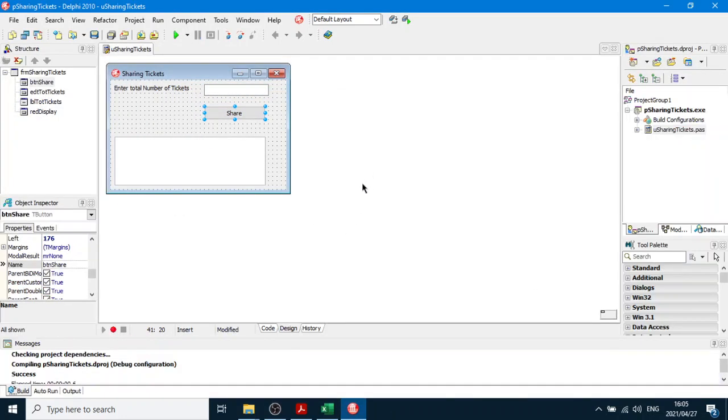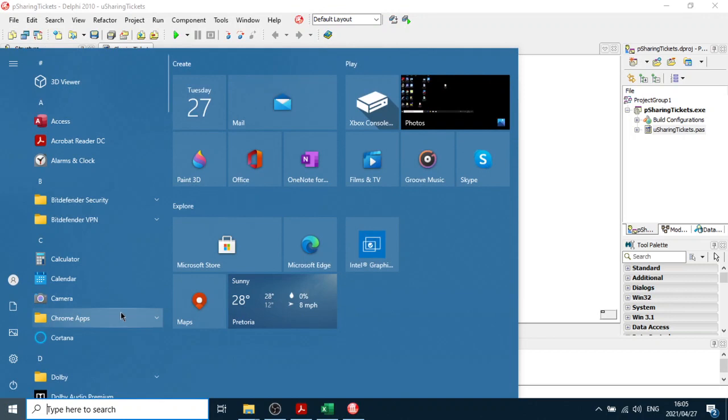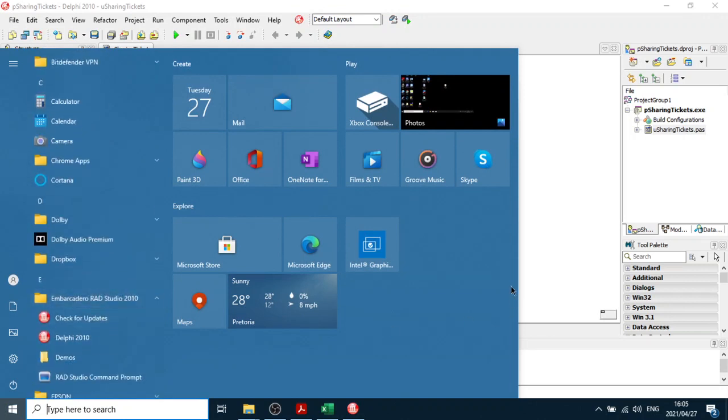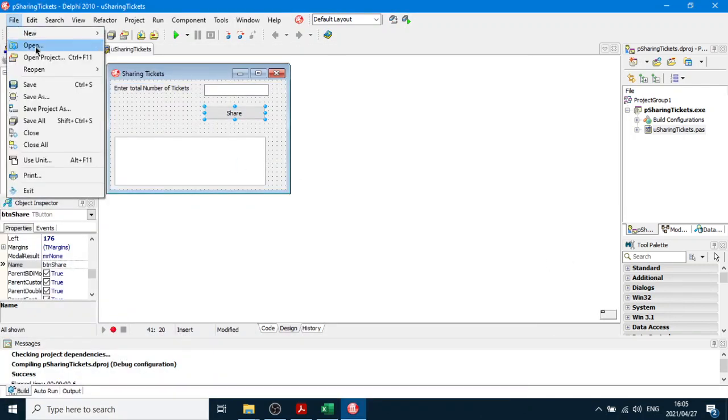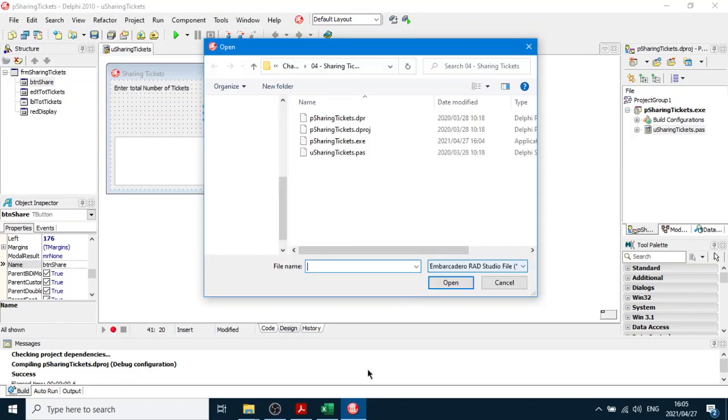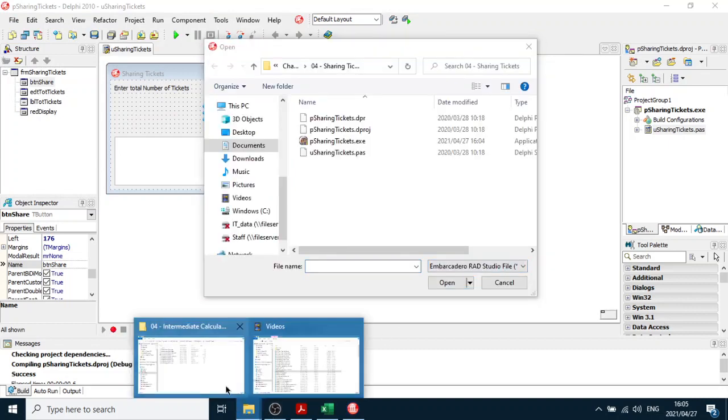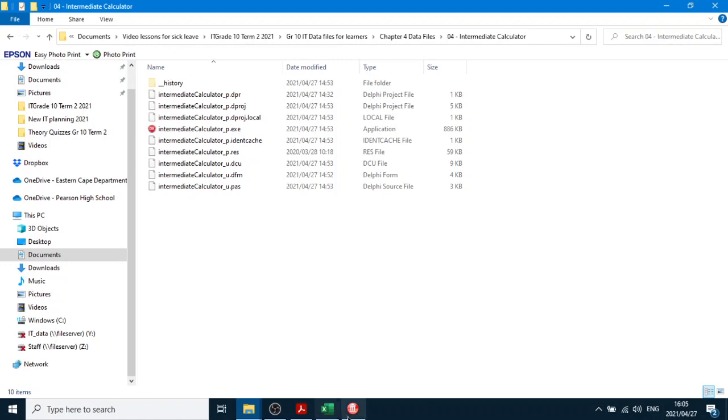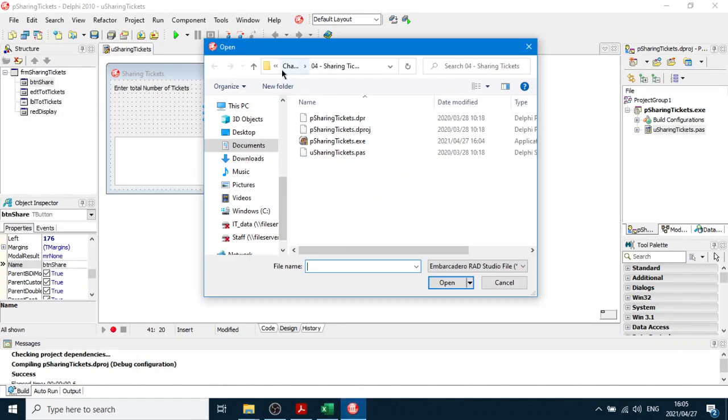Anyway, I'll tell you what I want to do. I'm going to look at the memo for this from the memo files. File open, if there are any. It's intermediate calculator. Oh, I don't have my memo files here.